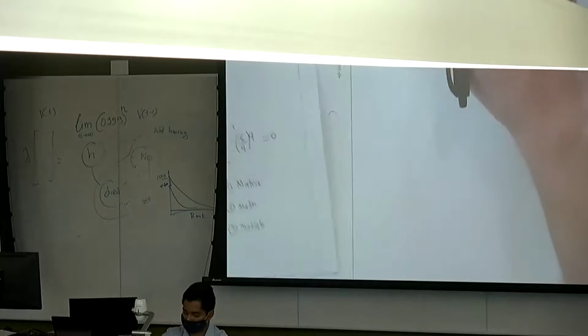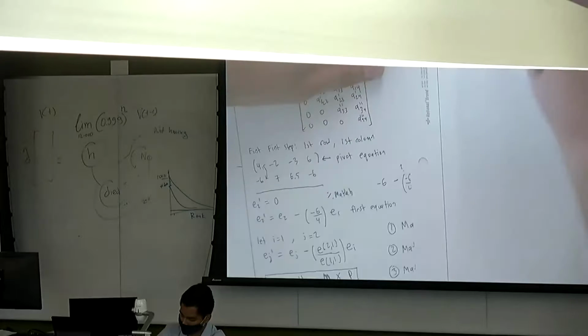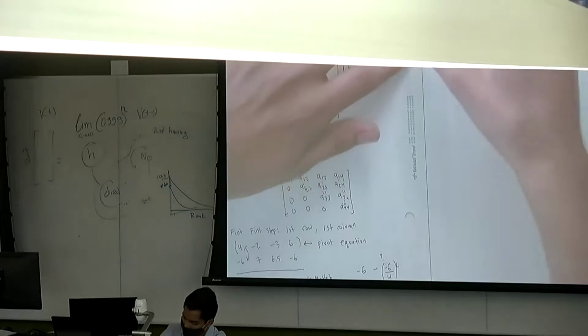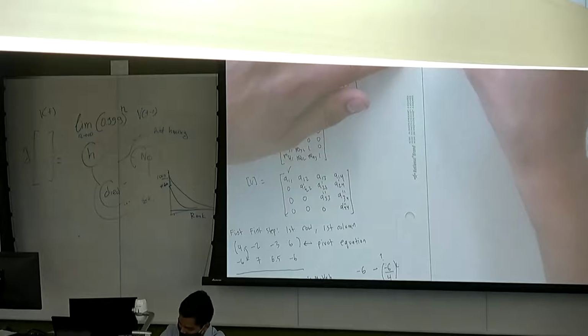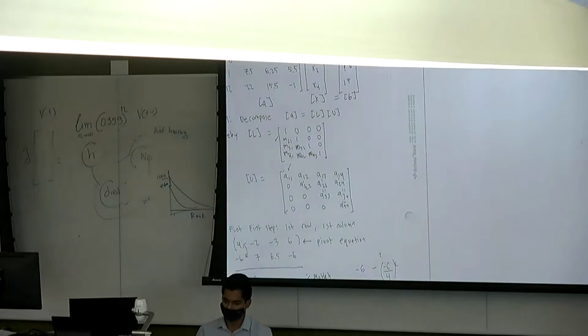So this is the algorithm. So what's an algorithm? It's just a list of steps of how to make a cherry pie, right? So what's the first step?